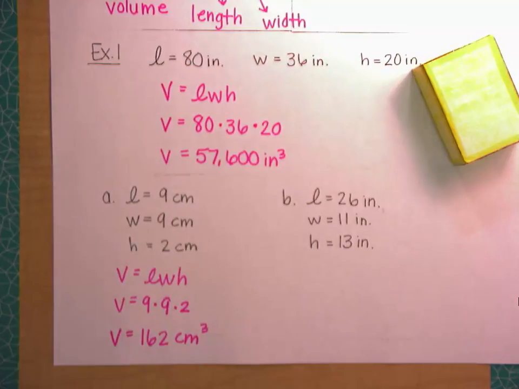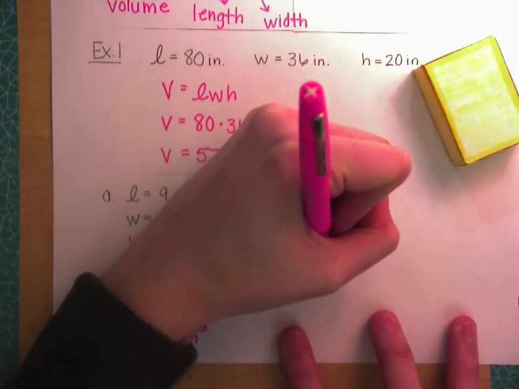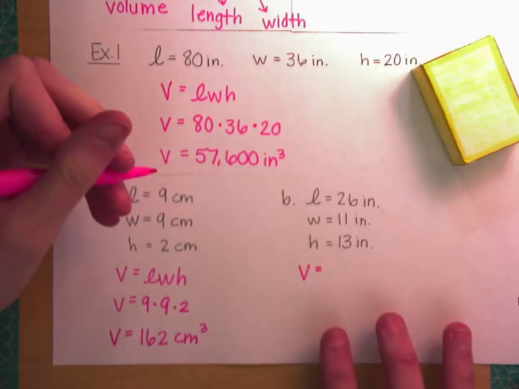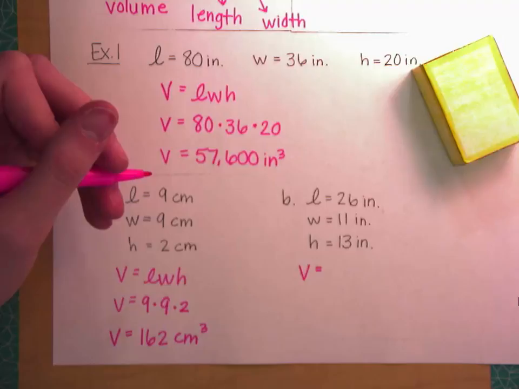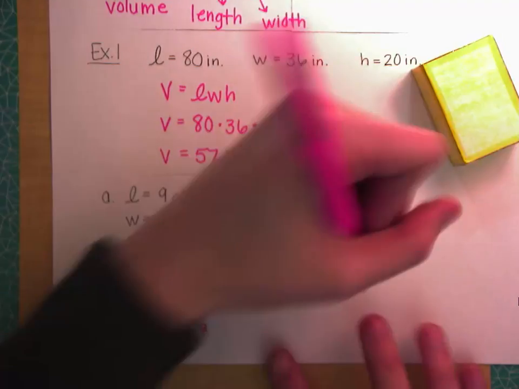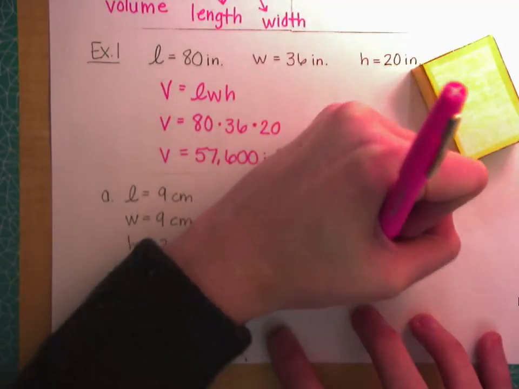Okay. What is the formula to find the volume of a rectangular prism? Jeremy? What's the formula? Length times width times height.